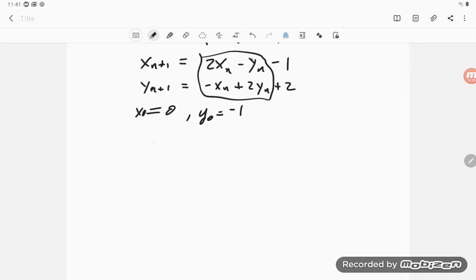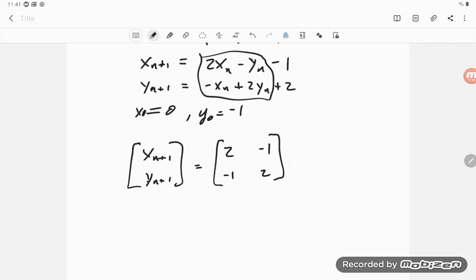And so we're going to say that (x_{n+1}, y_{n+1}) is equal to the matrix 2, -1, -1, 2 times (x_n, y_n), and then plus the matrix -1, 2.